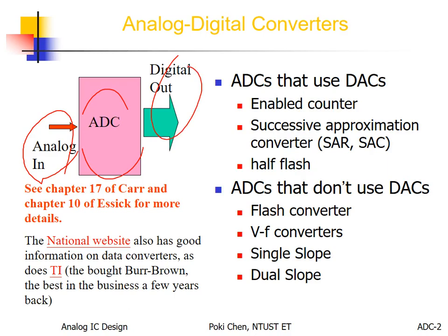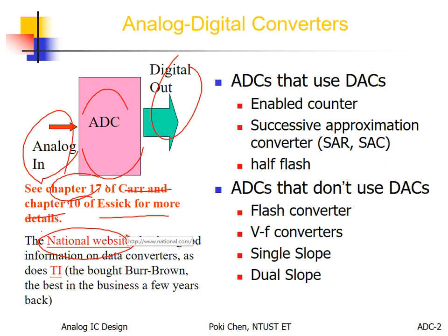If you would like to get better understanding, this is what I recommend. Maybe you can have a look at chapter 17 from this one, or chapter 10 from the other one. If you would then like to have a look at the books, maybe you can also get online to check the website of National Semiconductor or even TI.